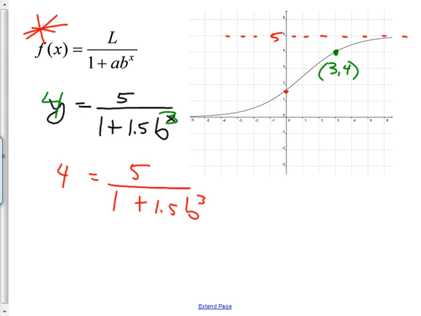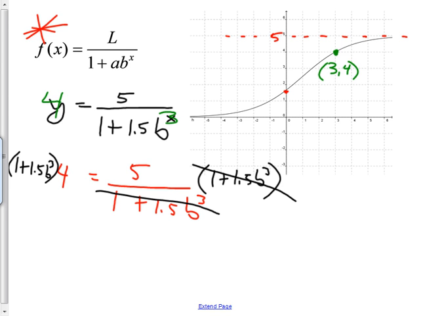Multiply through by the denominator. Whatever's down here, I can multiply by that, and it'll get rid of my fraction. So I'm going to multiply by 1 plus 1.5b cubed, and multiply by 1 plus 1.5b cubed. And then this will cancel this. And now I've got 4 times 1 plus 1.5b cubed equals 5.